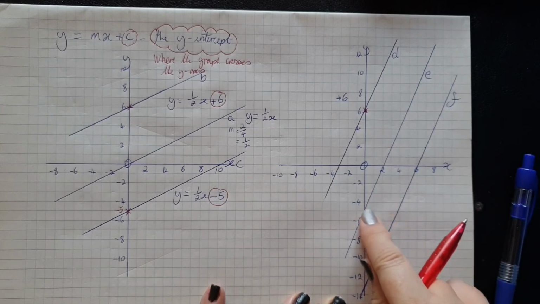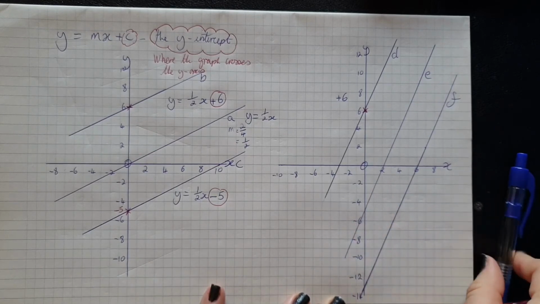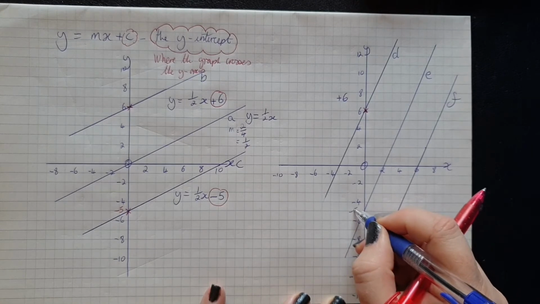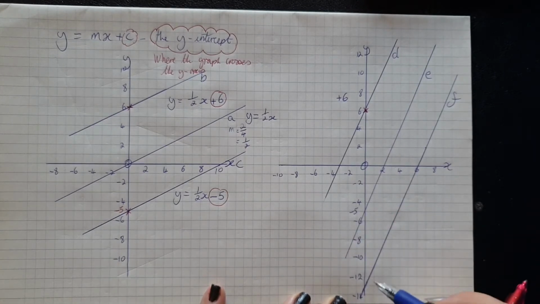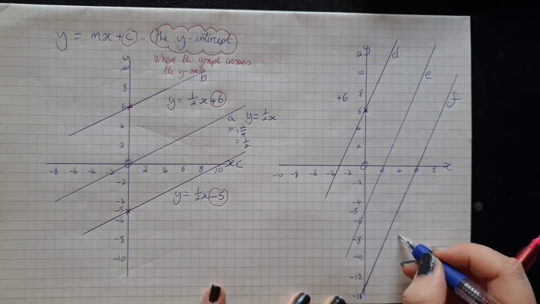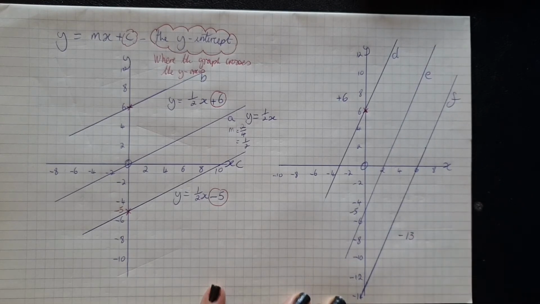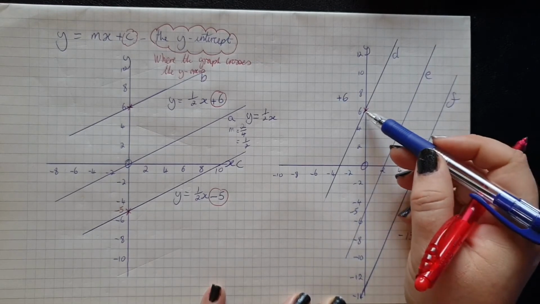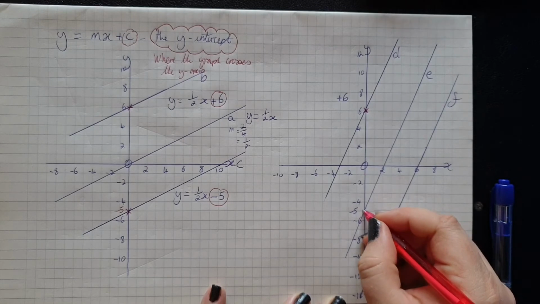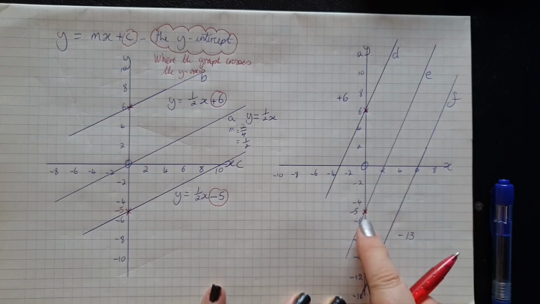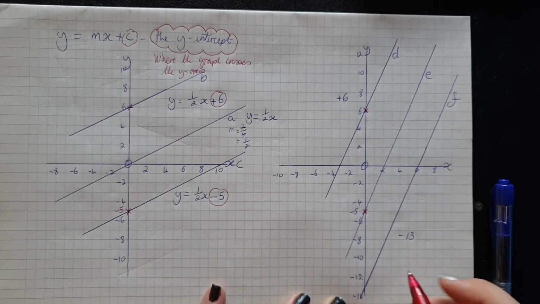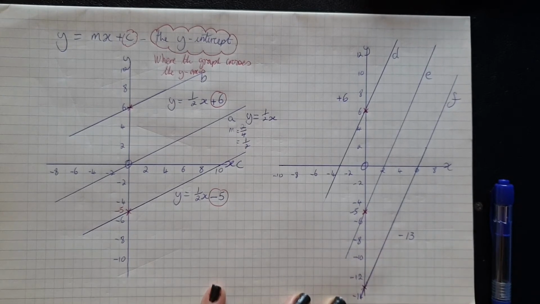E here is -5. And right down here is -13. So D goes through 6, E goes through -5, and F goes through -13.